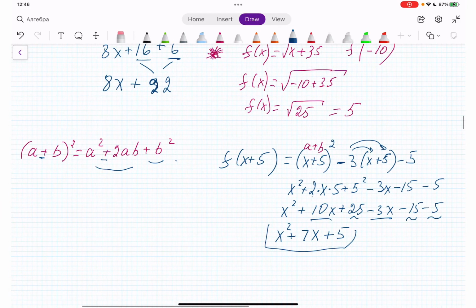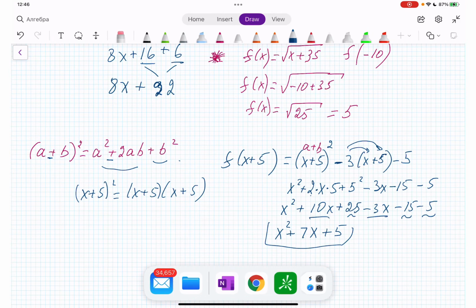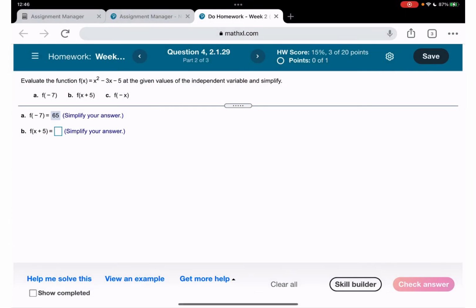If you don't want to use the formula, you are not interested in the formula, you can represent x plus 5 squared as x plus 5 times x plus 5. Okay? And you will get the same answer. So x squared plus 7x plus 5. Let's write it down.